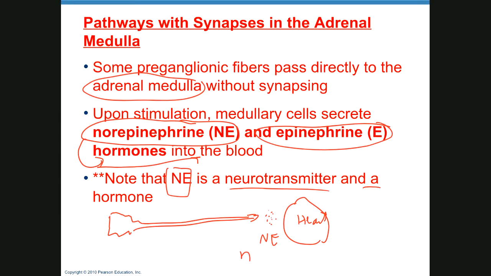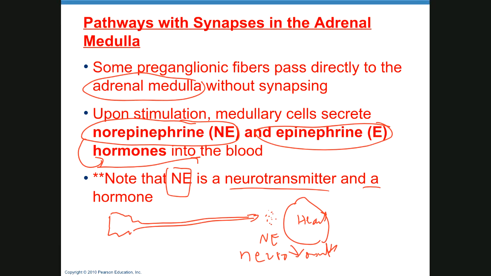I'll show you in just a second. The adrenal glands are found on top of the kidneys, and the adrenal medulla is the inner part of the adrenal glands. I'm going to show you a picture here in just a second. But yeah, that's a good question. So this is a neurotransmitter.